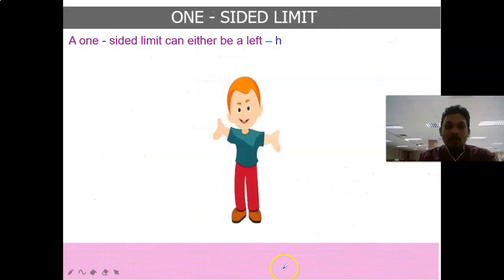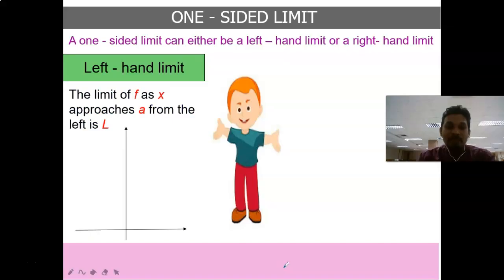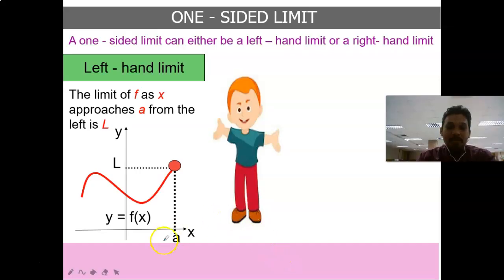One-sided limit can be either the left hand limit or the right hand limit. So left hand limit: the limit of f as x approaches a from the left is L. So x approaches a from the left. Look at the function here.